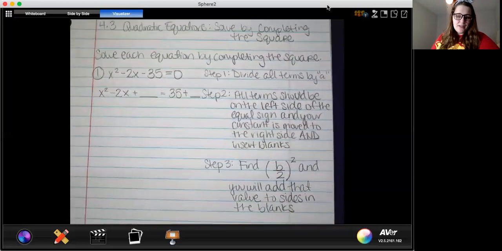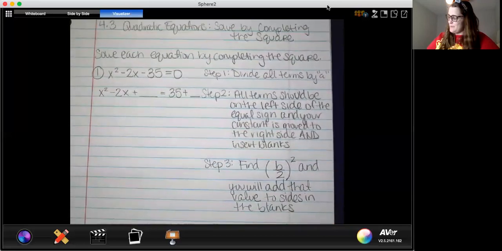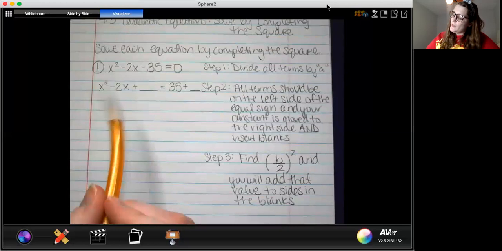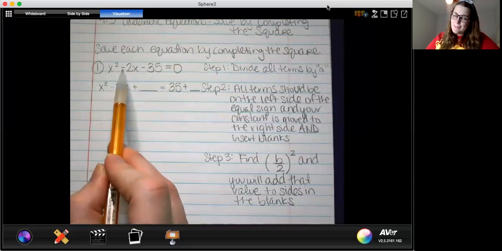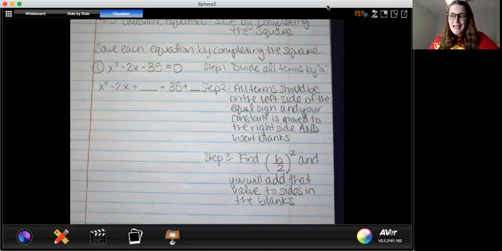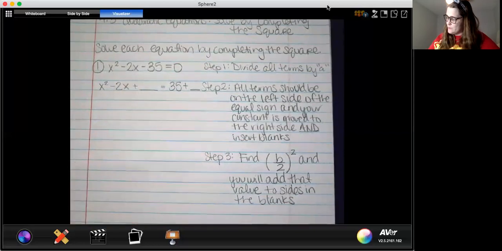Now, what does b refer to? Again, remember that our quadratic equations are ax squared plus bx plus c. So our b is the value that is with x. Right? So our b value is negative 2. So what is that going to look like?